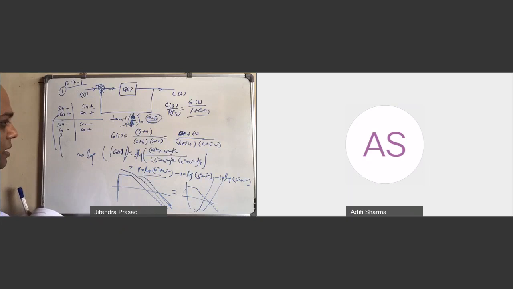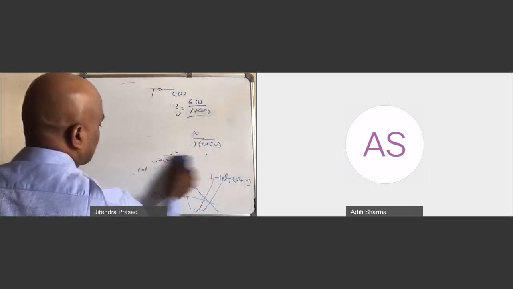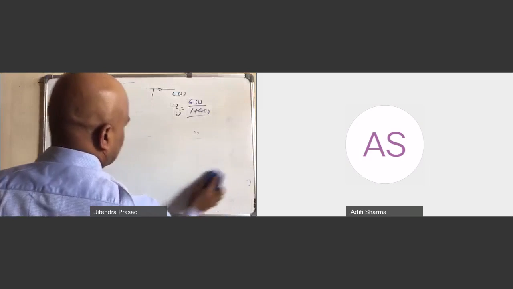K means the gain. This is question 7-16, also known as conditional stability. Depending on the value of K, you will have either stable or not stable. So if you change the K, then the plot will also change.